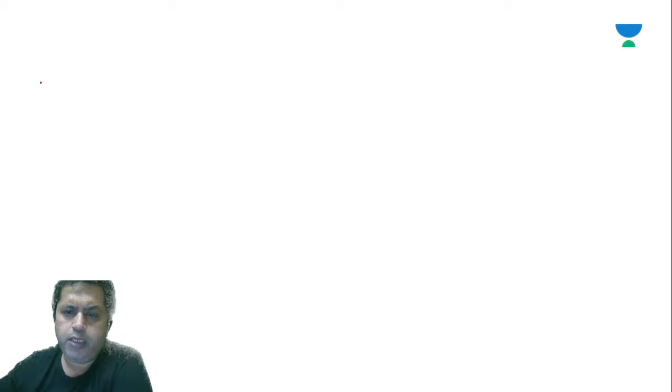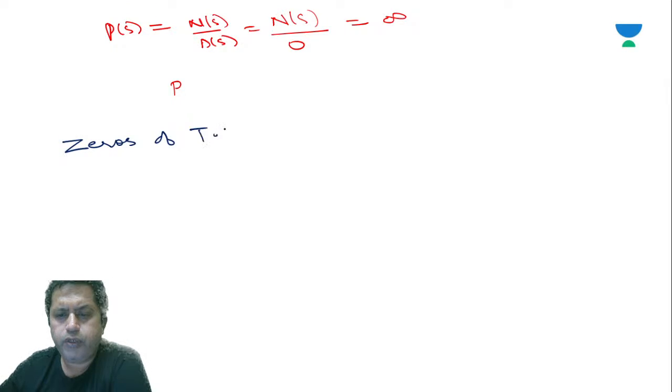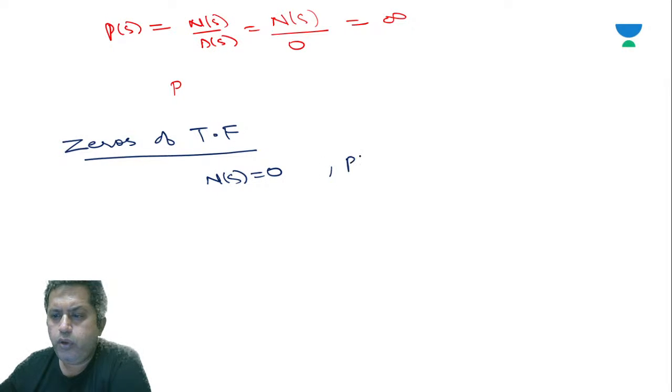Let us check next, the zeros of the transfer function. What are zeros? When the numerator polynomial is equal to 0, the total polynomial tends to 0.